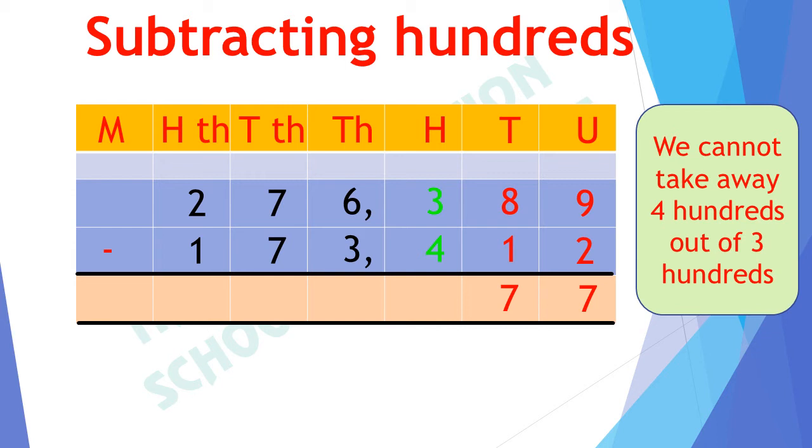In this case, we take borrow. We take borrow from thousands, as there are 6 thousands. If we take one borrow, here we are left with 5 thousands.